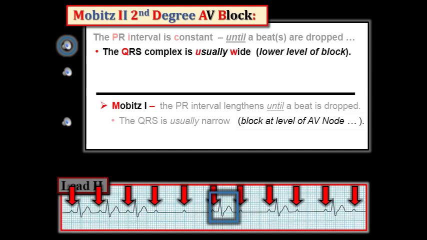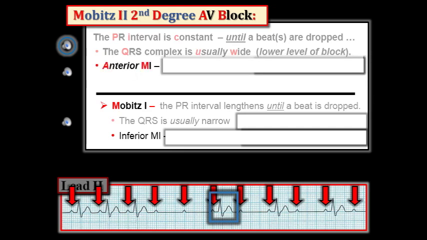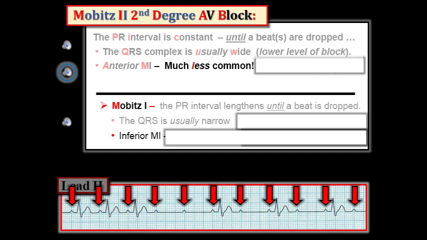Since the right coronary artery most often supplies the AV node, Mobitz I is typically associated with acute inferior infarction, whereas Mobitz II is usually associated with anterior infarction. Mobitz II is much less common than Mobitz I. In our experience, 90, if not 95% of second-degree AV blocks are Mobitz I.